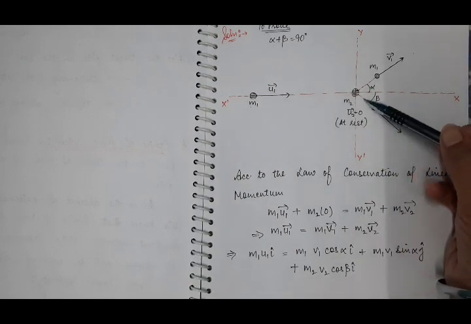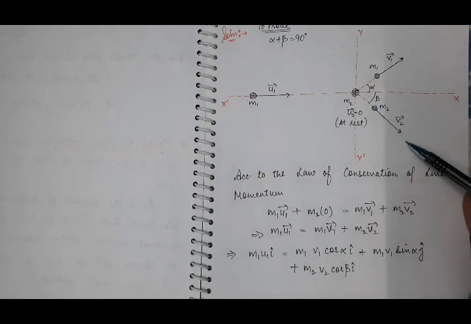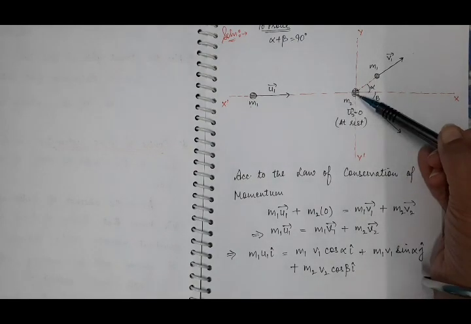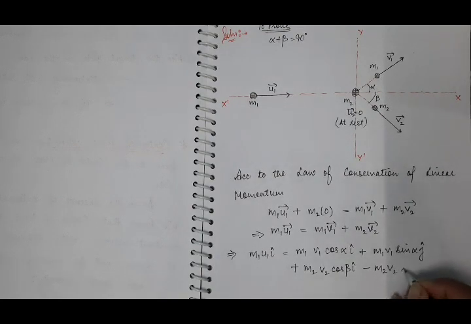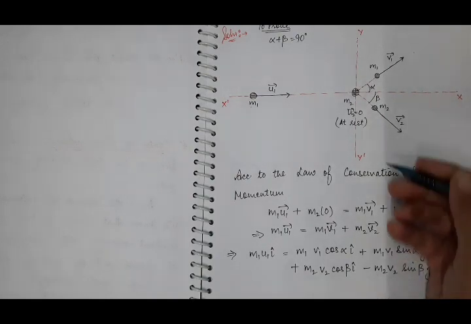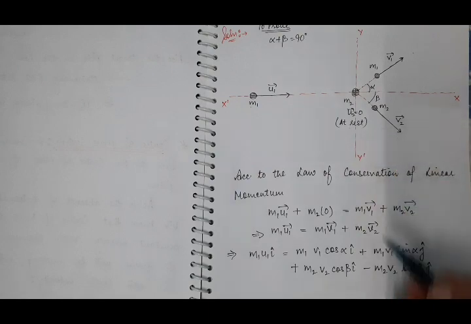Along the y-axis, this vector is in the downward direction, so its y component will be along the negative y-axis. So it is minus m2 v2 sin beta j cap. Why minus? Because the y component is along the negative y-axis, along which the unit vector is minus j cap.